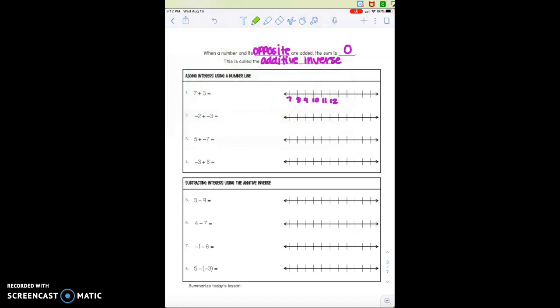I'm not going to go really into a lot of detail on this first one. 7 plus 3, we all know how to do. It's not that difficult. And we're going to get +10. So that is not a big challenge there. And then we're going to move on to -2 plus -3.